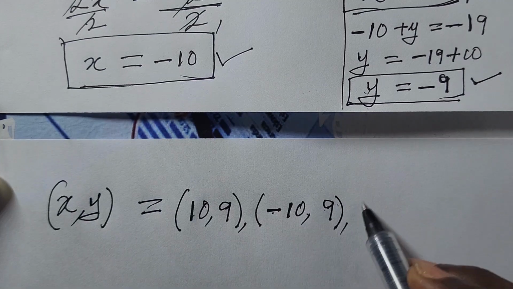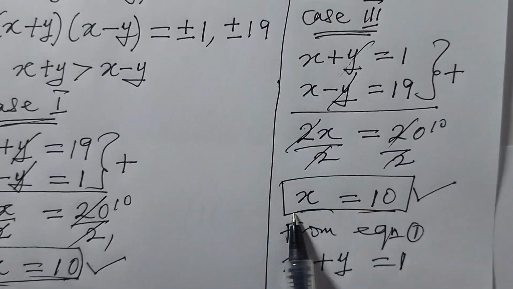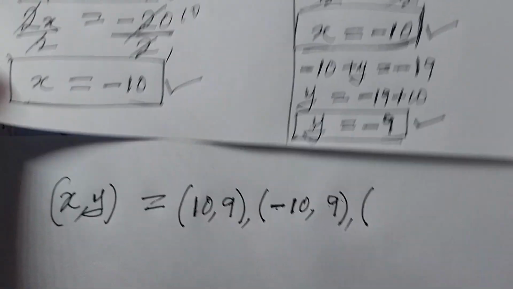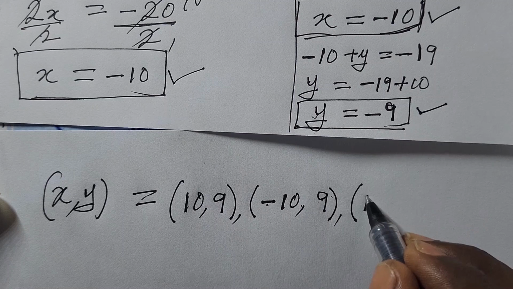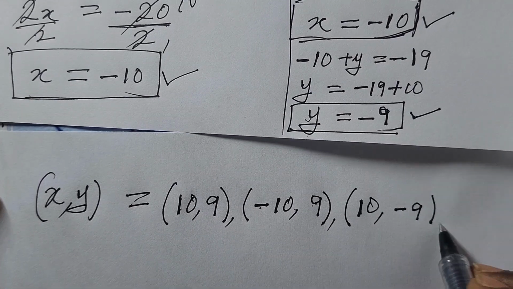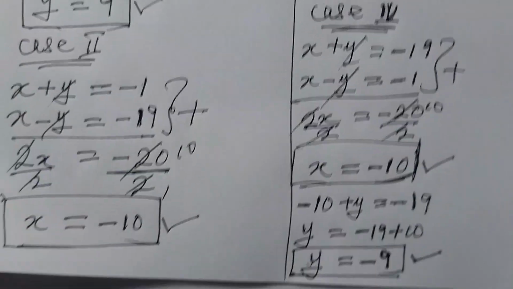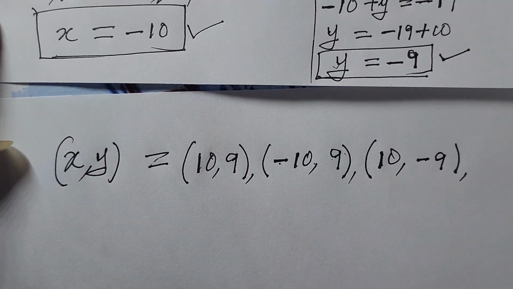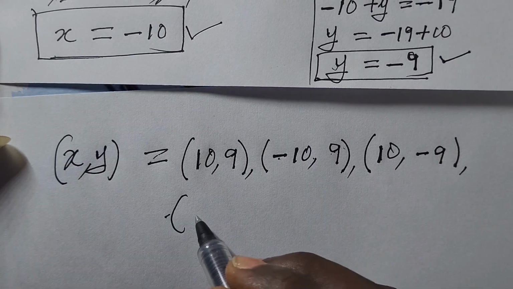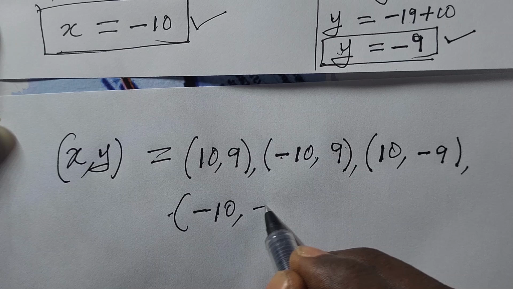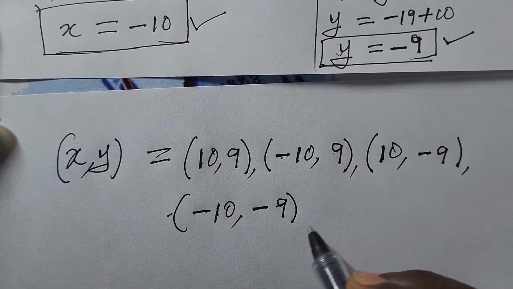Then the third case: x is 10 and y is minus 9, so (10, -9). And the fourth case is x to be minus 10 and y to be minus 9, so (-10, -9).